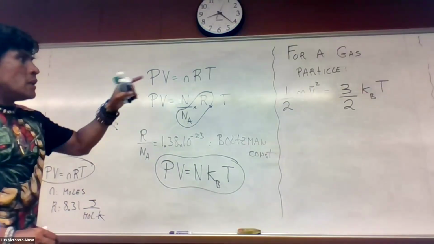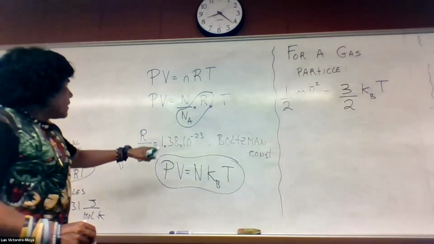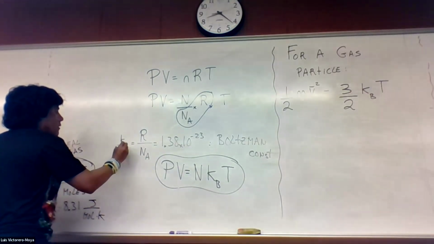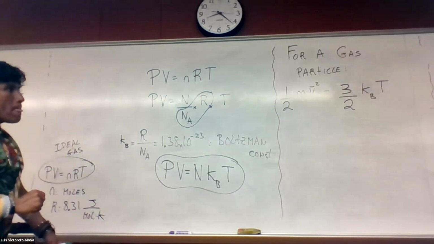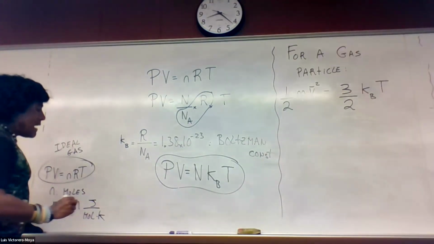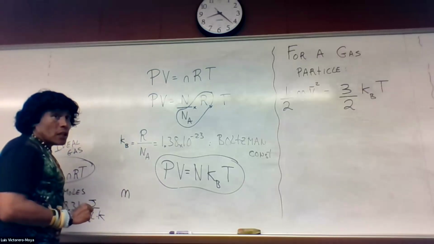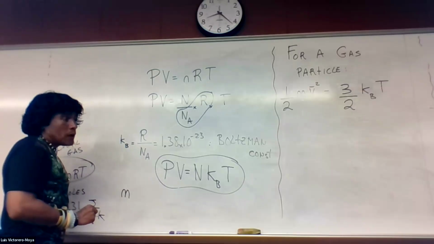Using that and the definition of, because remember, K, this is K, is R over NA, right? And you know that mass can be found using the number of moles and the Avogadro's number, right?